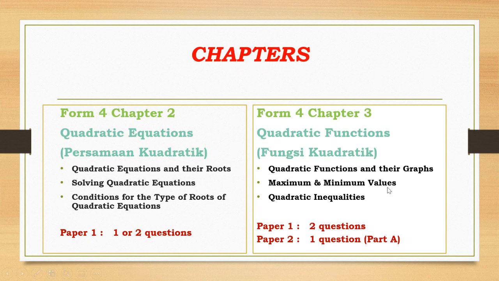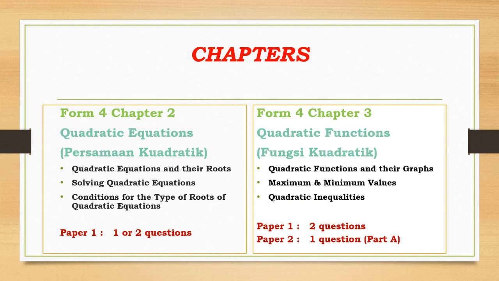Whereas in chapter 3, that is quadratic function, the subtopics that students have to concentrate on are what the graph of a quadratic function looks like, how to find the maximum and minimum value, and how to solve quadratic inequality.